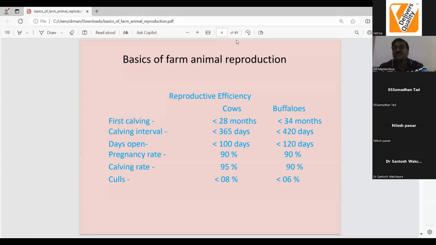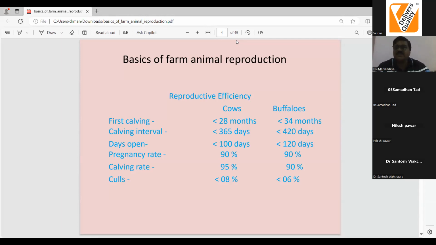That means the heifer should come into estrous by the 12th month, so that after the first 2 irregular cycles, she will settle in the 15th month of age, and then produce the first calf by 24 to 28 months.